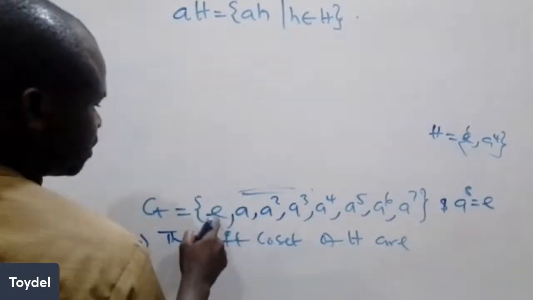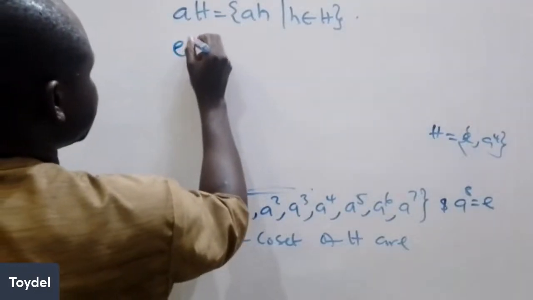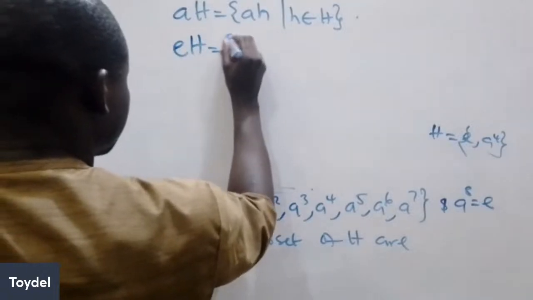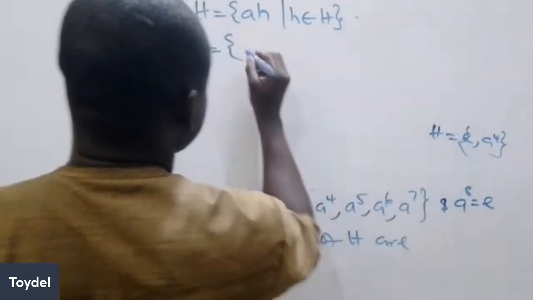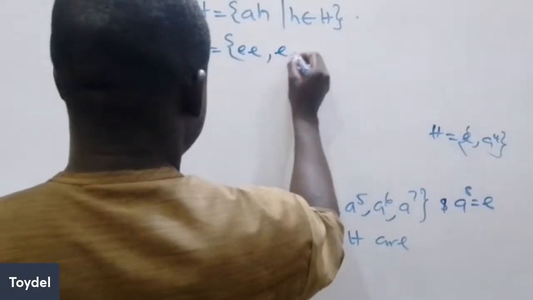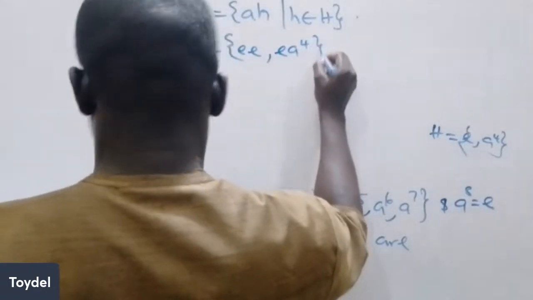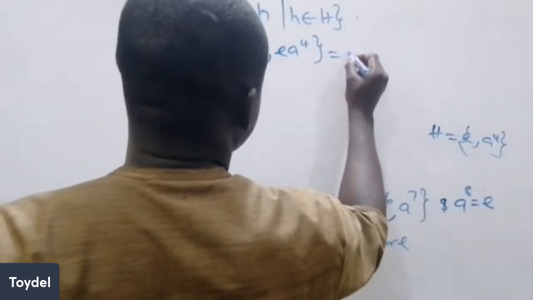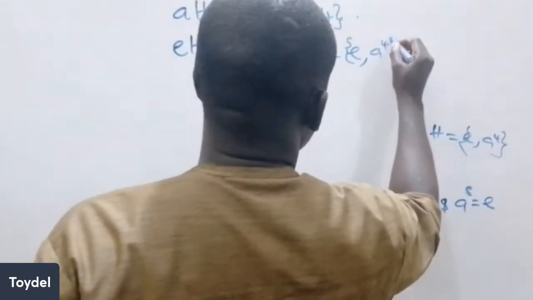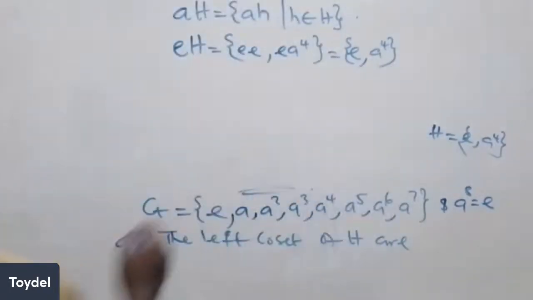The first element here is E. EH will now be equal to EE, comma, E times A4. And what would that give us? That will give us E, identity element, still identity, comma, A4, A raised to power 4. It does not have any effect.